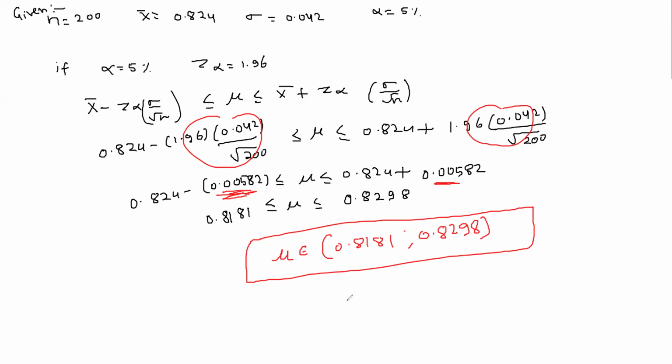Understood? Yesterday, I gave a rough idea of the range when mean and standard deviation are given. You can say from 70 to 78, but actually it is calculated using this formula.